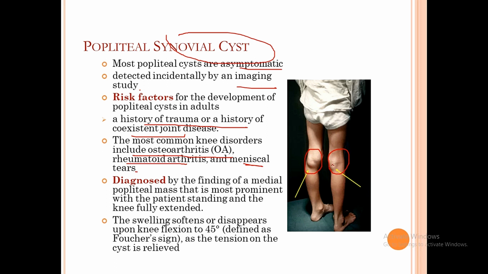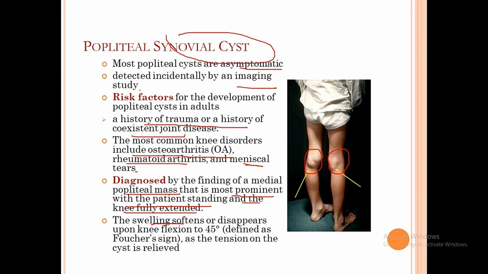How is it diagnosed? When you ask the patient to stand and you are able to see the popliteal fossa, a popliteal mass is visible during the inspection and it is prominent in the standing position once the knee is fully extended.